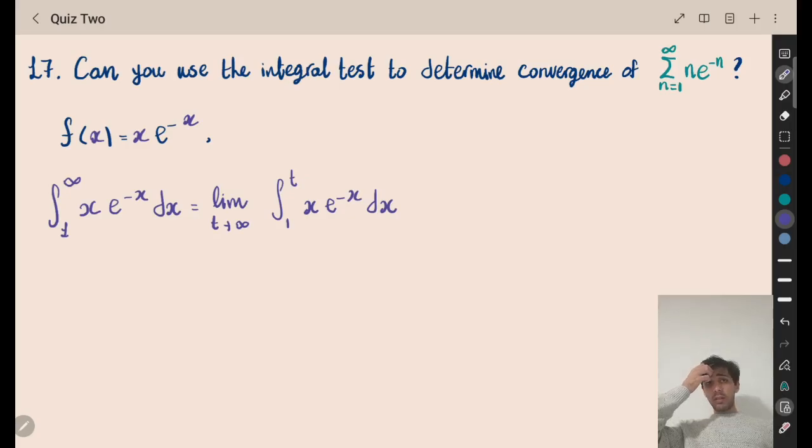How do I integrate this? Well, it's just integration by parts.